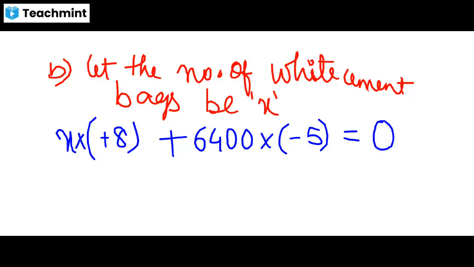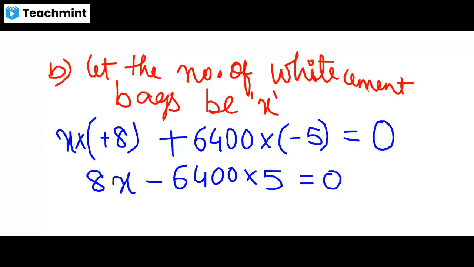Now we will simplify 8 into x. What do you get? 8x plus minus 6400 into 5 is equal to 0.